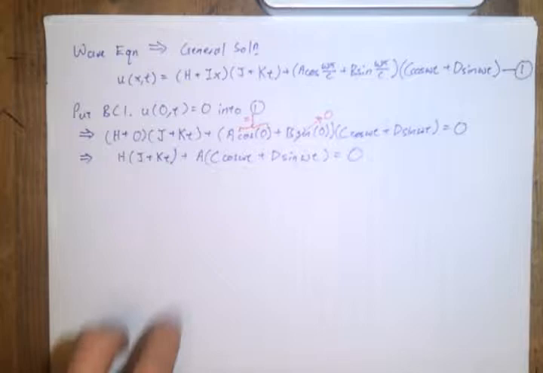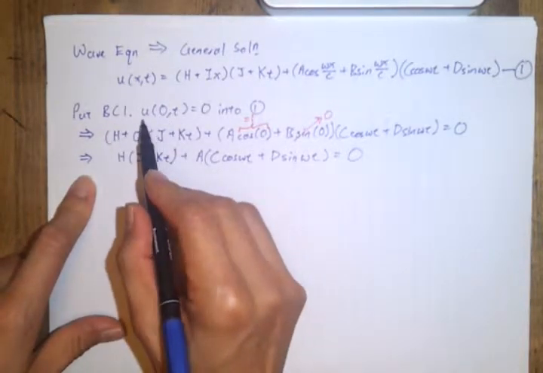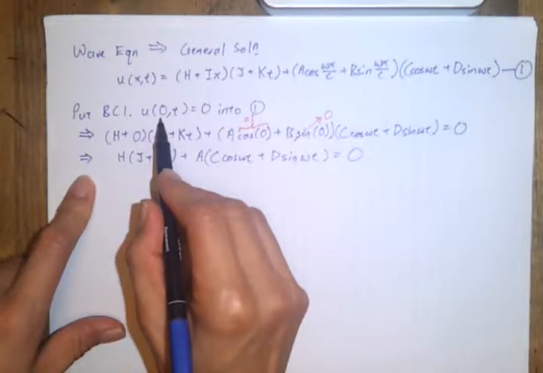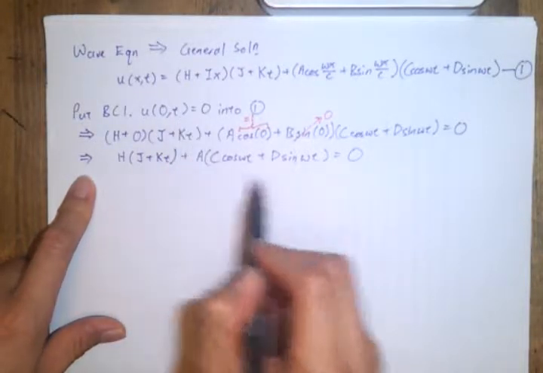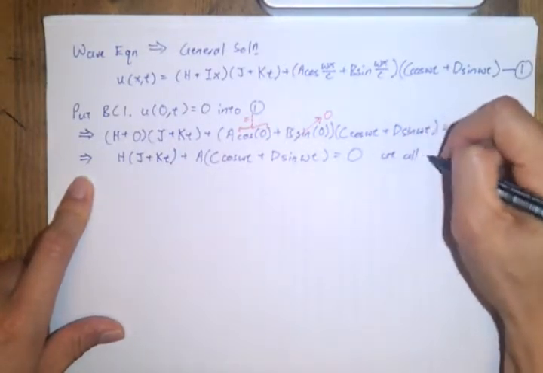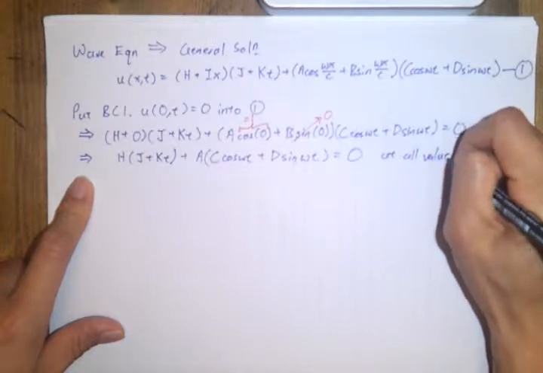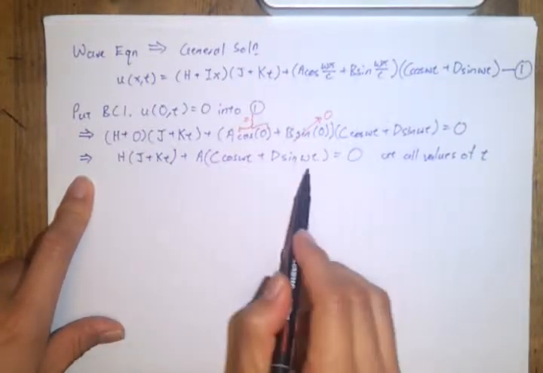The important thing to note here is that this boundary condition tells you that u at x equals 0 must be 0 at all values of t.